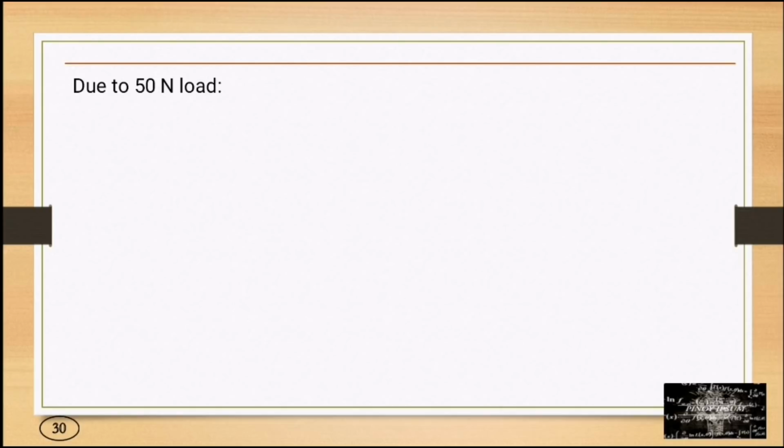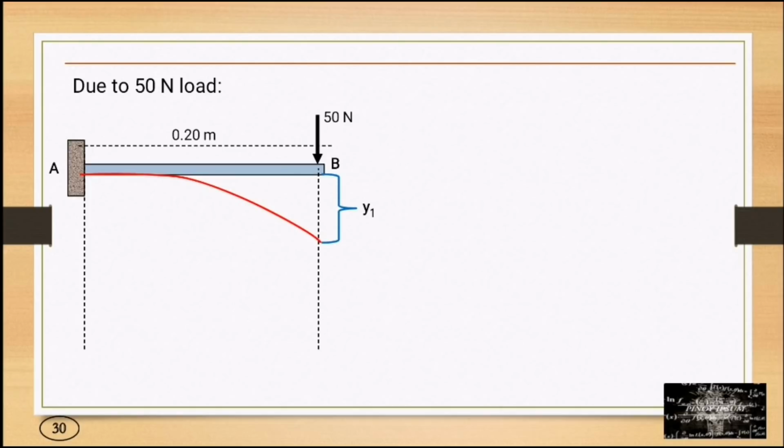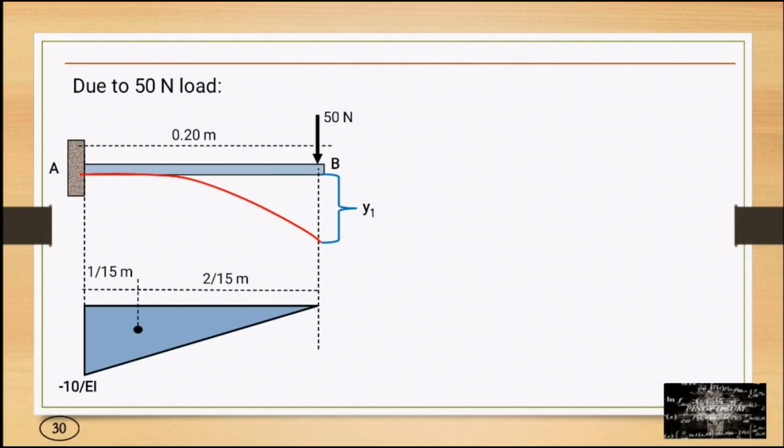Due to the 50 newtons load, we have y1. The resultant moment at point A is negative 10 over EI.